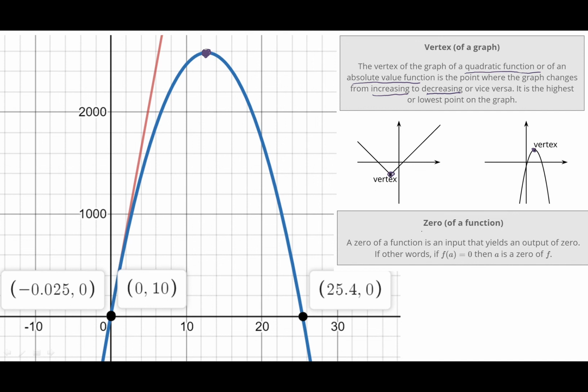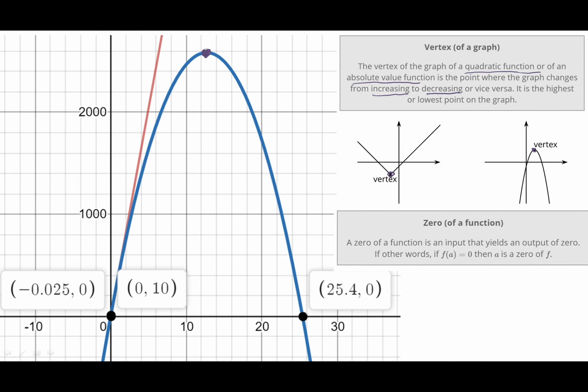Our next vocabulary word, zero of a function. This is an input that yields an output of 0. So that means in this case, a 0 of the function is going to be an input that gives us a height of 0. This is going to be when our cannonball is on the ground. In other words, if f of a equals 0, then a is a 0 of f.